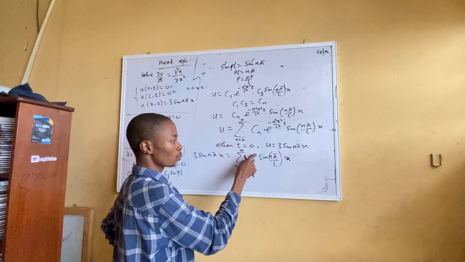Why am I doing this, and why did I not do it in the previous example? Because I know this as a known function, that is why I'm counting. It is equal to 3 sine n pi x.